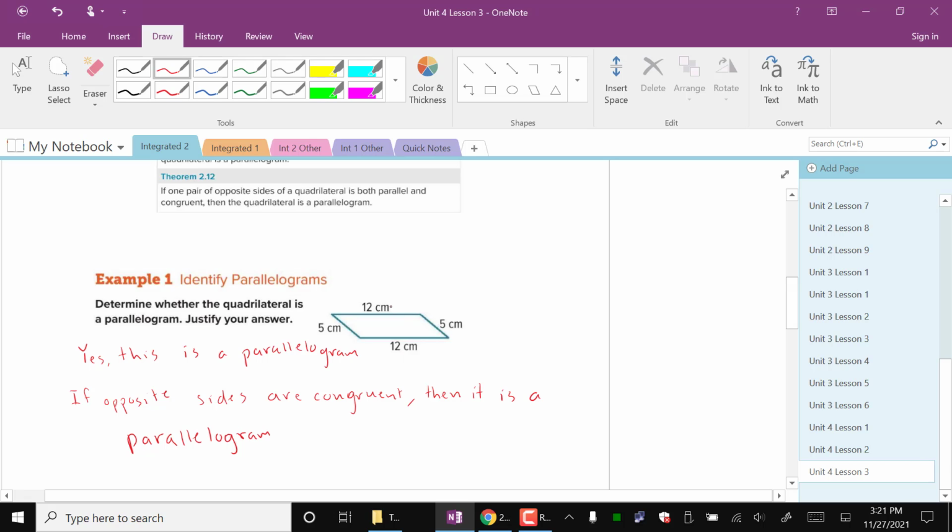And as we said, this is 12, so opposite sides are congruent. This is 5, so opposite sides are congruent.